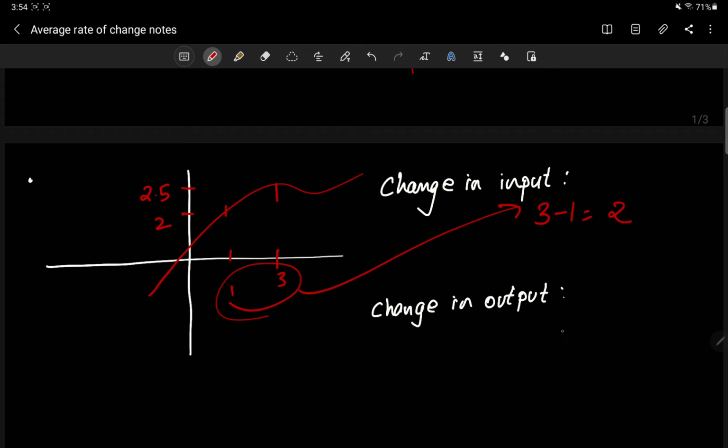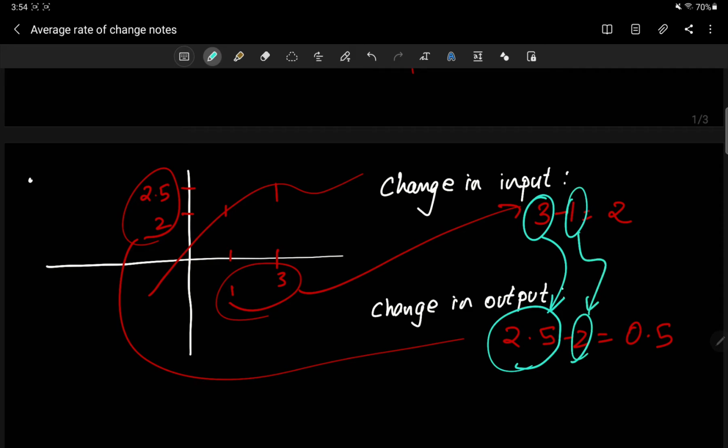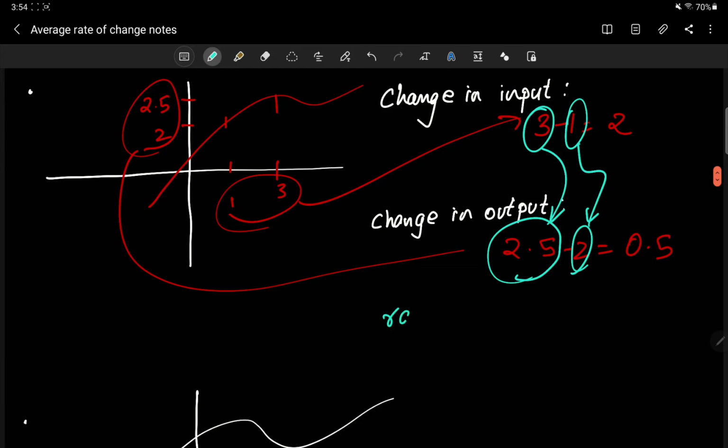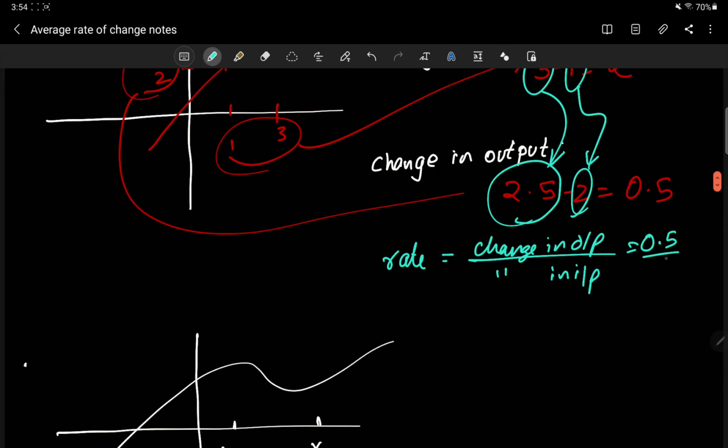For that corresponding change in input, my change in output was 2.5 minus 2, which is 0.5. Then we say the rate is the change in output over the change in input, which is 0.5 over 2, which is 0.25.